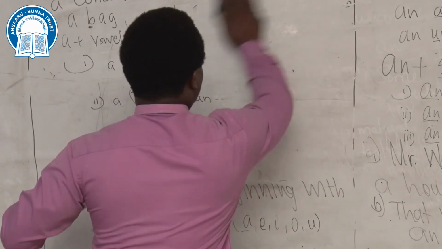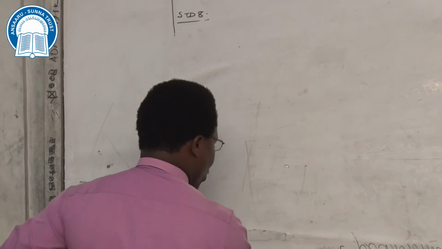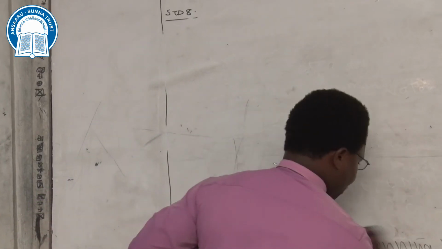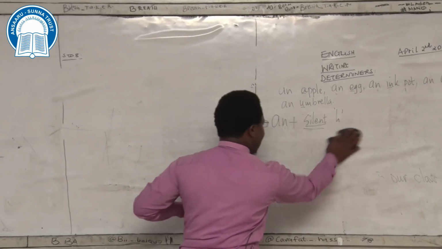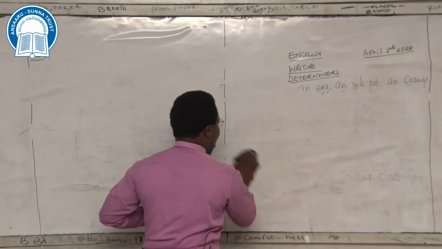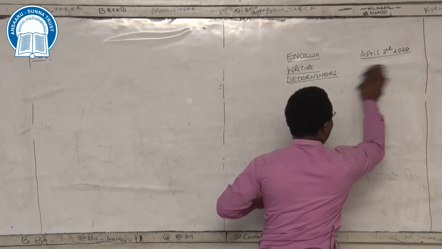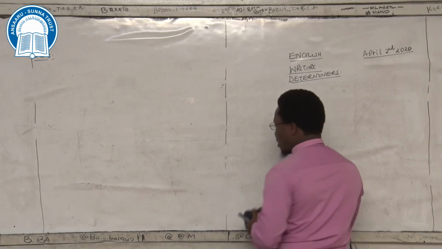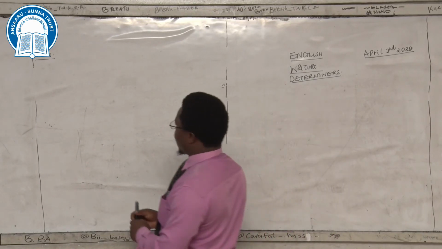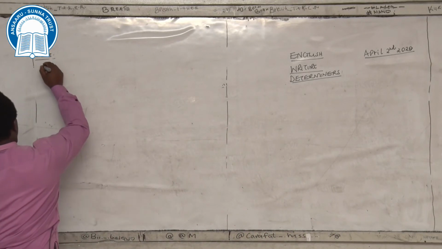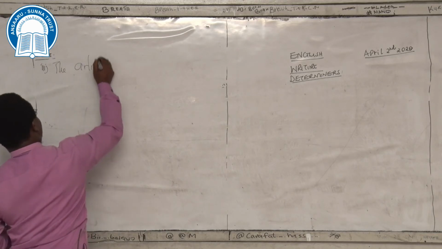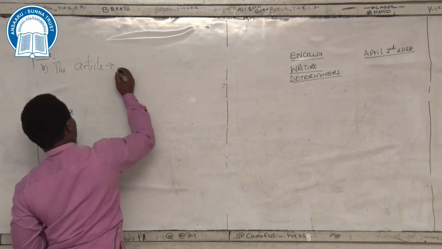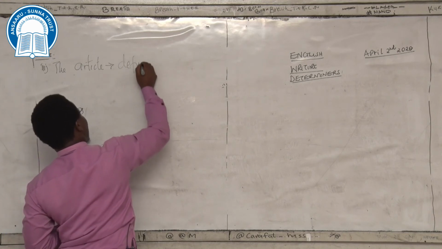Don't mistake the use of a and an articles for the use of the article. As much as I've said a and an articles are used with the singular countable nouns and are indefinite articles, now the article is used as a definite article.